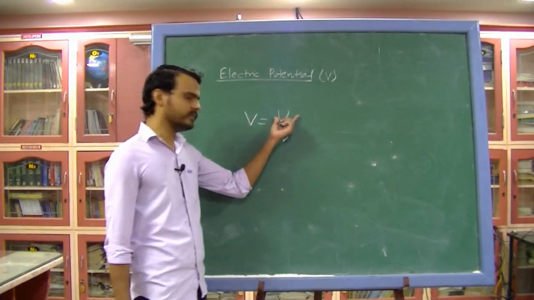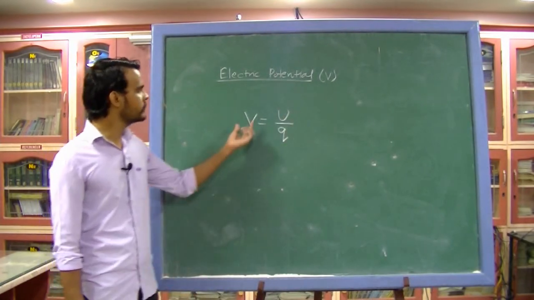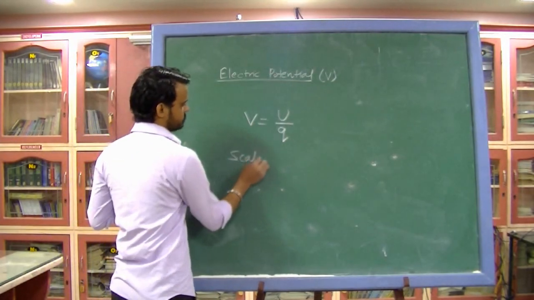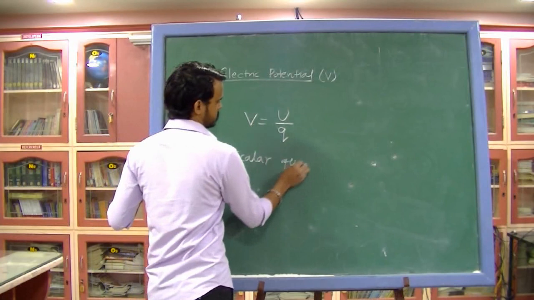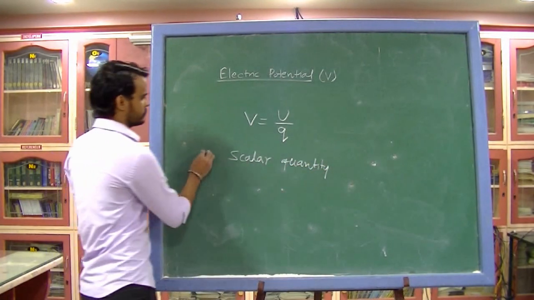As you know, electric potential energy is a scalar quantity, and charge is also a scalar quantity. So electric potential is also a scalar quantity.